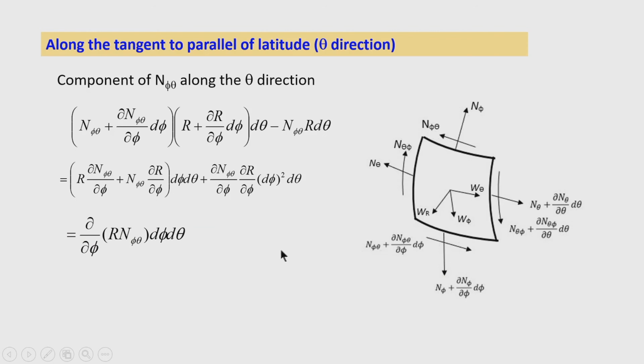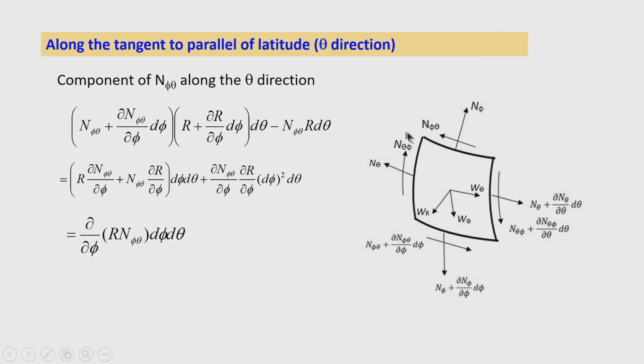Along the tangent to the parallel of latitude. Now, the parallel of latitude is the theta direction. So, the tangent in this direction is the theta direction, which we can call the circumferential direction.